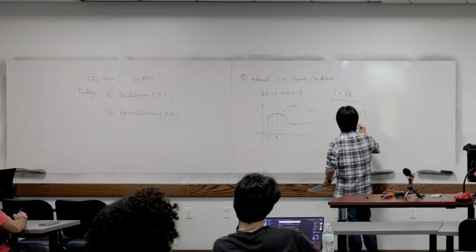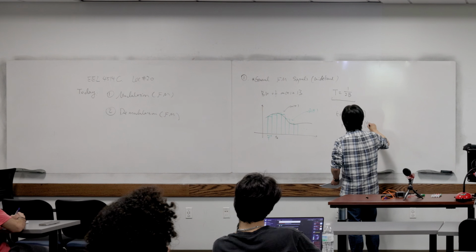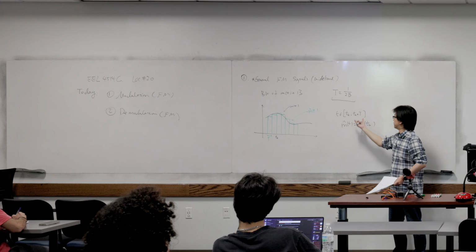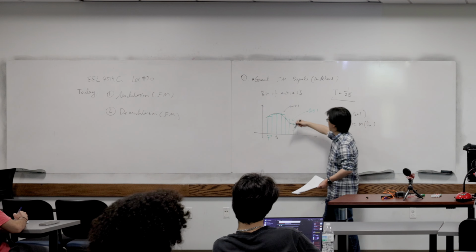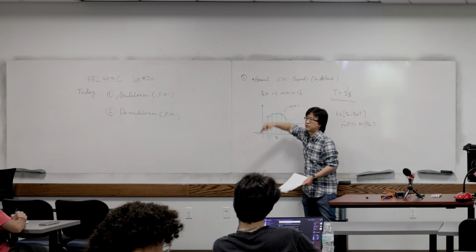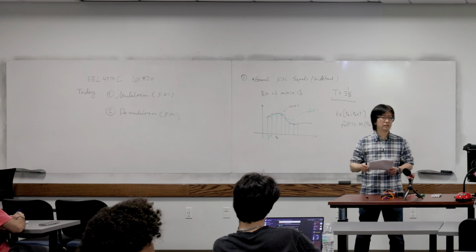So here it means m hat of t equals m(t_k) for this entire range. Basically, we take a flat value here. Does that make sense?